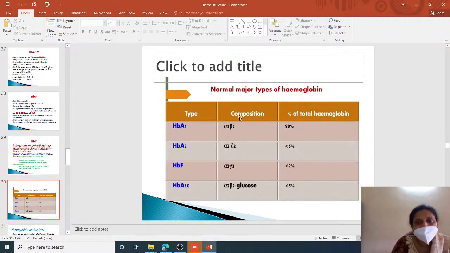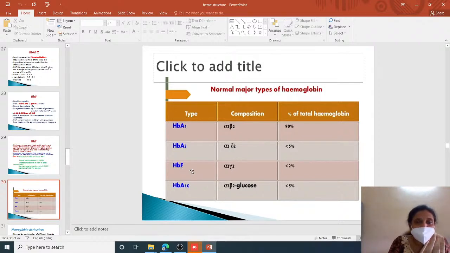Now look at this. These are the different types of hemoglobins: HbA1, A2, F, A1C. HbA1 is composed of 2 alpha, 2 beta, and its concentration is 90% of the total hemoglobin. So maximum hemoglobin is of HbA1 type. Less than 5% is HbA2, composed of 2 alpha and 2 delta.